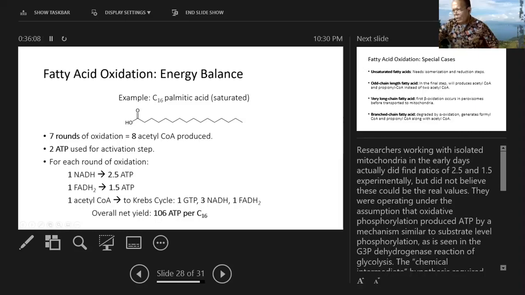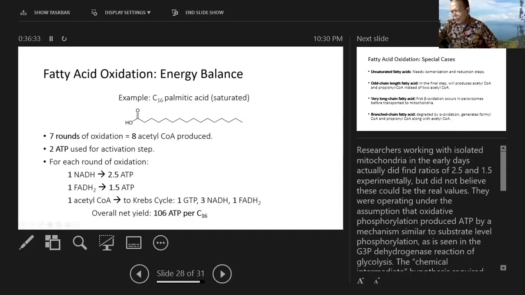In this oxidation, 2 ATP are used for the activation step.